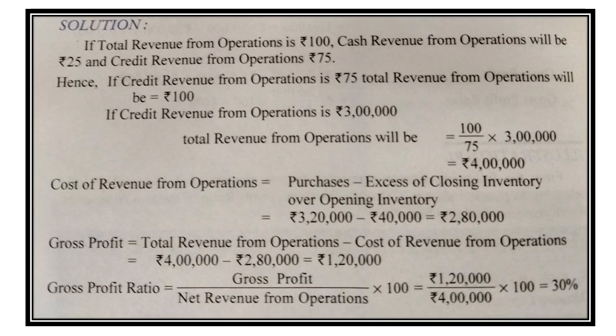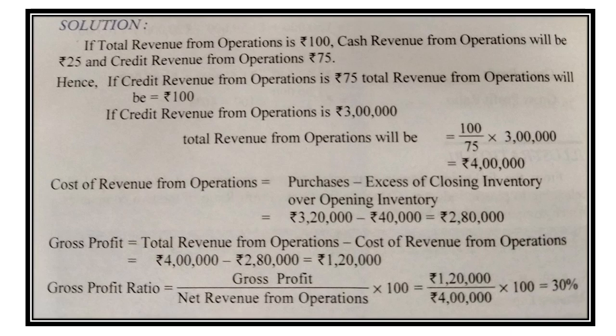Cost of revenue from operations is purchases minus excess of closing inventory over opening inventory, that is 3 lakh 20,000 minus rupees 40,000, which is 2 lakh 80,000. Gross profit will be total revenue from operations minus cost of revenue from operations.